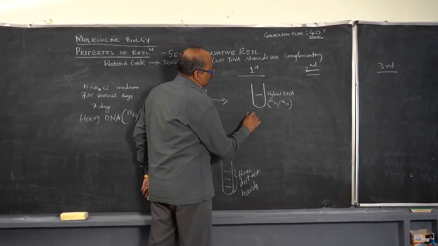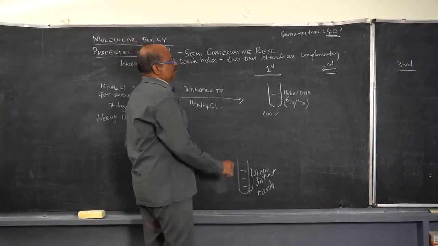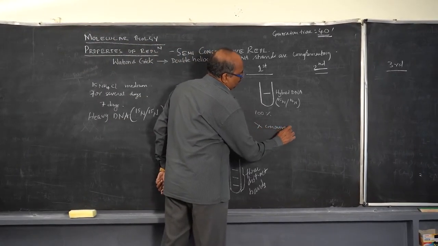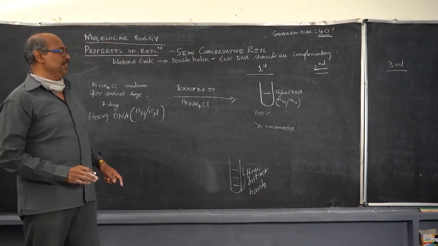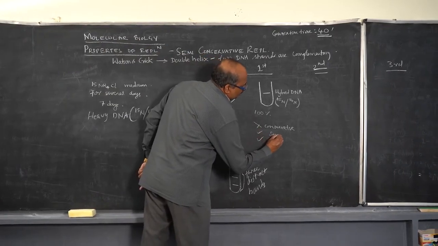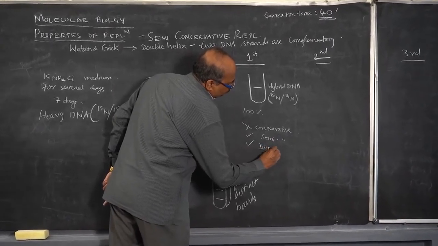So 100% hybrid DNA. This rules out conservative replication, because in that case we should get heavy DNA and hybrid DNA. But replication may be semi-conservative or dispersed.